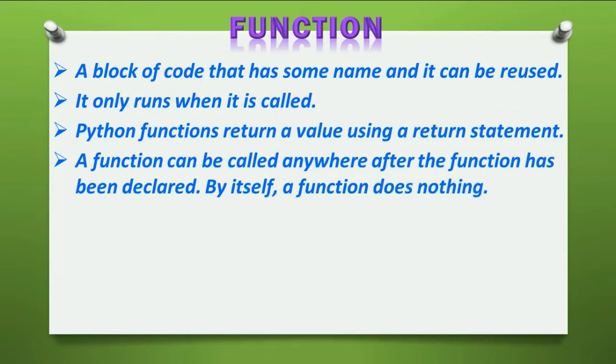Let us see the example. Here you can see the function plus is defined with the help of the keyword def, and it is taking two parameters, a and b, followed by a colon, and in the body of the function the return statement is mentioned: return a + b.